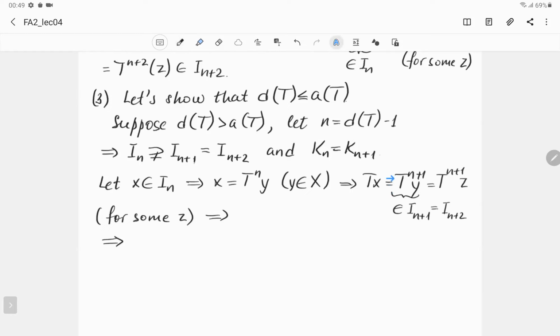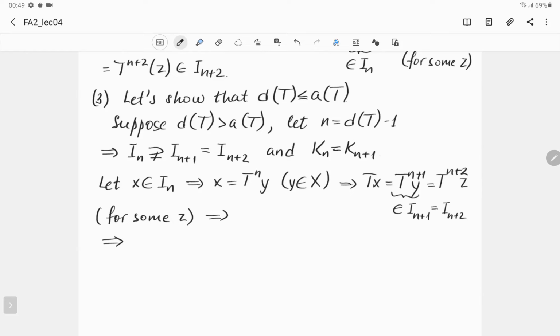these two expressions, we see that the element y minus, oh, sorry, this is a typo here. I said n plus 2, T^(n+2) of z. So here we use the assumption that this element sits in R(T^(n+2)), so it can be written in this form.